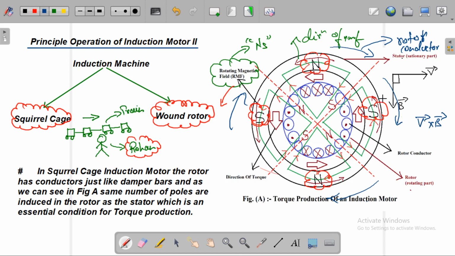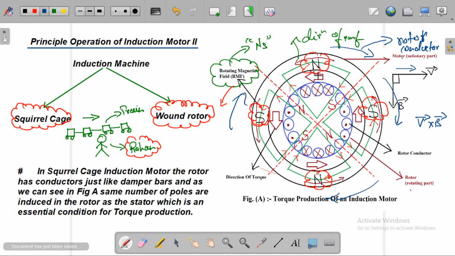See, the conductor under the North Pole, and the movement of the rotor conductor under the North Pole is in this direction. This is V, the velocity vector of the rotor conductor under the North Pole.